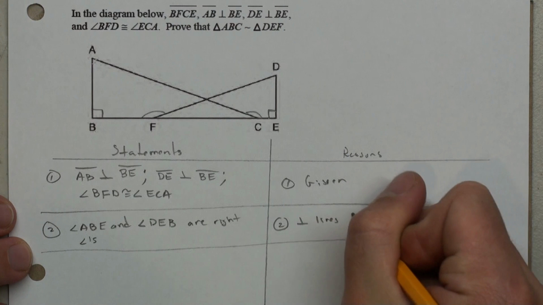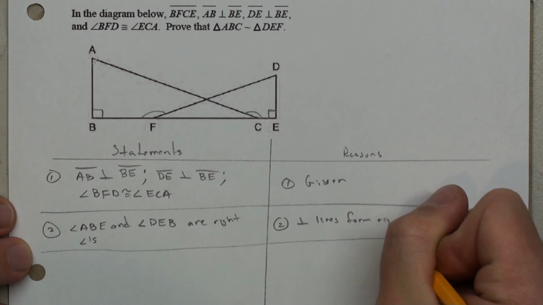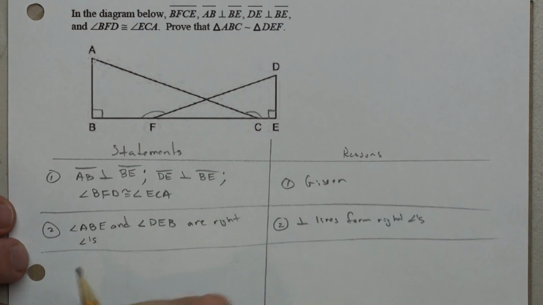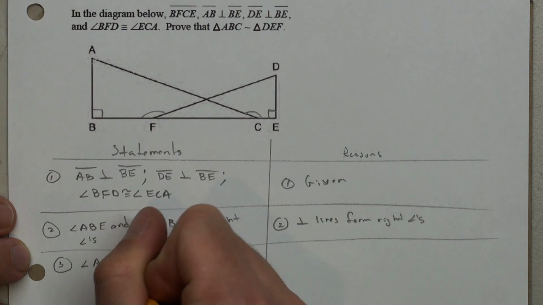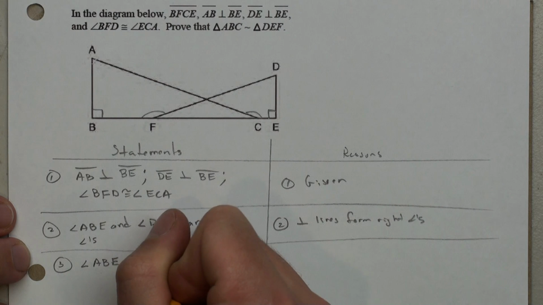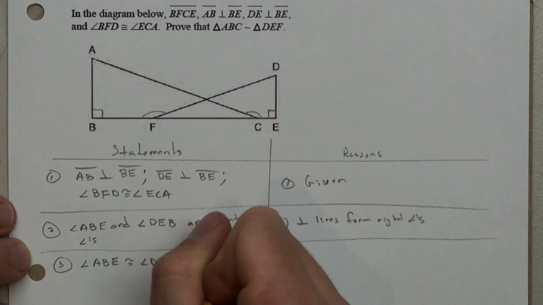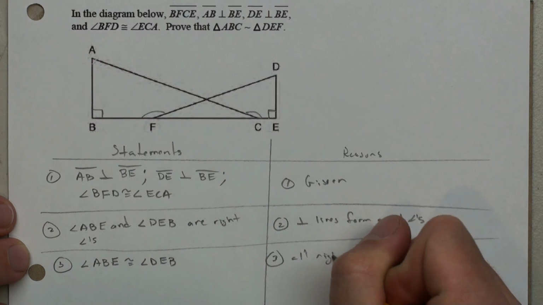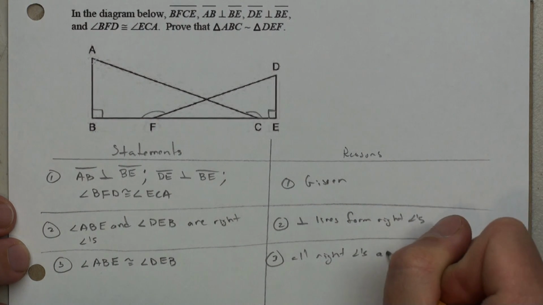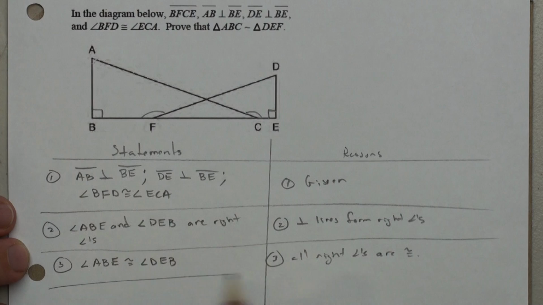Perpendicular lines form right angles. So then we know angle ABE is congruent to angle DEB because all right angles are congruent.